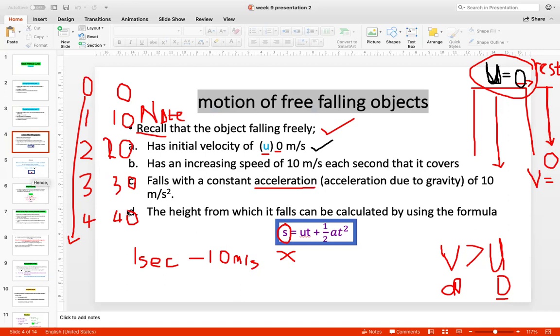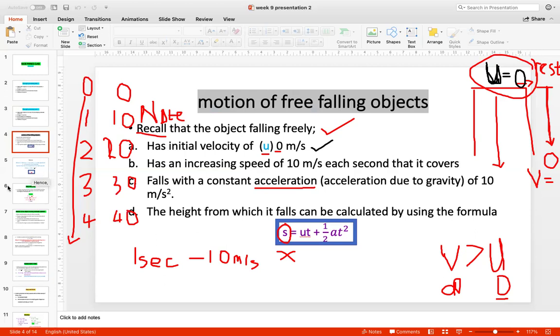How do you do it? By multiplying the time taken by the value 10, because each second covered, the value increases by 10. So if it takes 10 seconds, the object will have a velocity of 10 times 10, which is 100 meters a second.